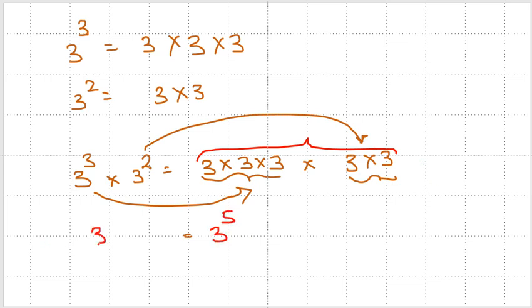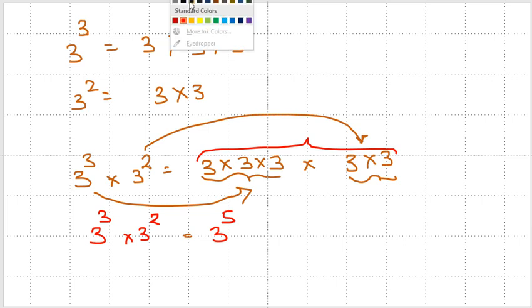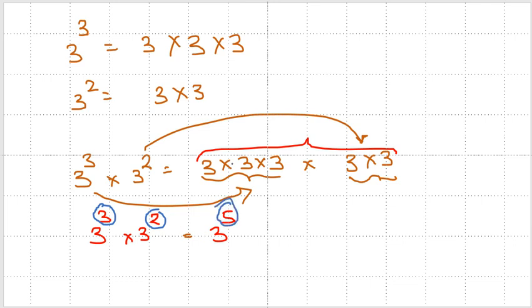Look what happened: 3 to the power 3 multiplied by 3 to the power 2 gives you 3 to the power 5. And the reason is, as we discussed, this gives you multiplication of 3 by itself 3 times, this gives you multiplication of 3 by itself 2 times, and when you multiply them together, you get a total of 5. So does that make sense?